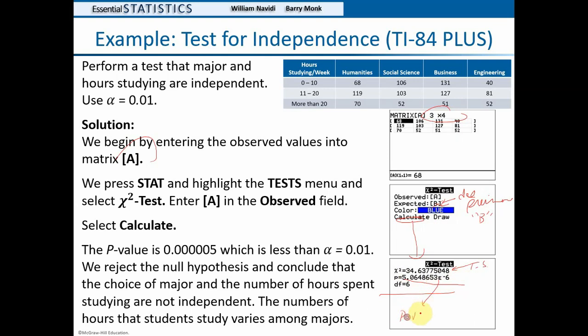Your p-value is 0.000005, so you moved over 1, 2, 3, 4, 5, 6 places. That is less than your alpha. Alpha was 0.01. That was back up here. That is less, so reject H0. The p-value less than alpha, reject who? Always the null hypothesis.